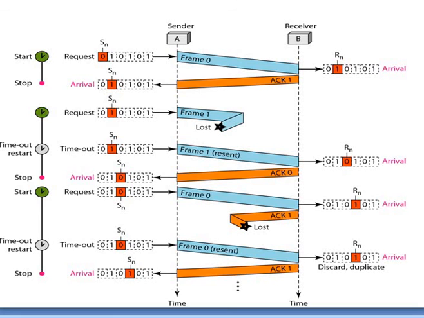Frame 0 is sent and acknowledged, but the acknowledgement is lost. The sender has no idea whether the data frame or the acknowledgement is lost. So after timeout, it resends frame 0, which is acknowledged.